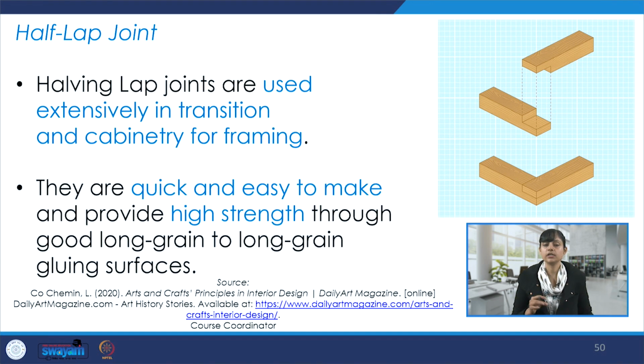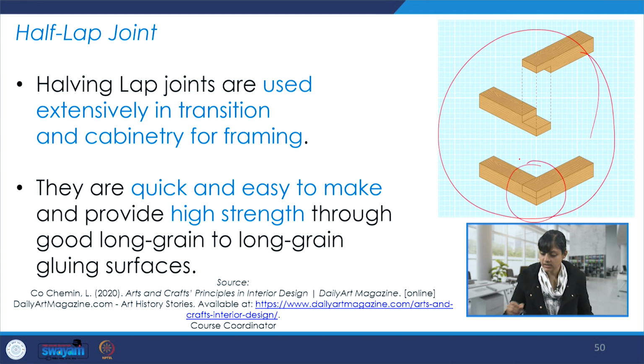Halving lap joints are used extensively in transition and cabinetry for framing. They are quick and easy to make and provide high strength through good long grain to long grain gluing surfaces. So they provide strength, and then there can be additional fastening and gluing also to add to that strength.